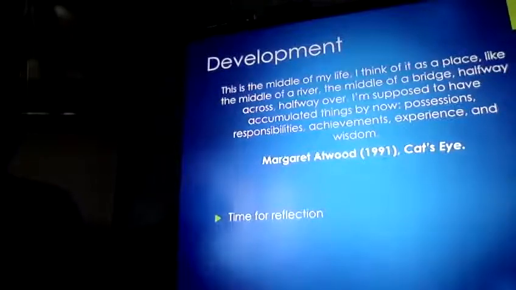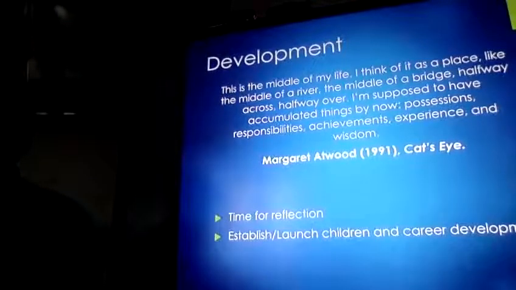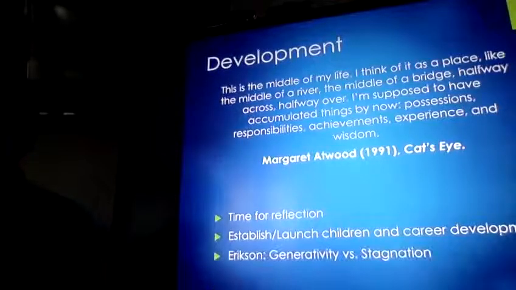So you've got time for reflection, and then you establish or launch children and career development. And as we went over Erikson's stages of development, you'll get these on the licensure exam. Those are their favorite because there's always like 8 for different parts of life. They're easier to remember the more that you practice them.